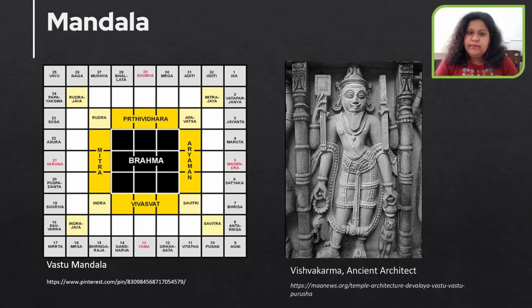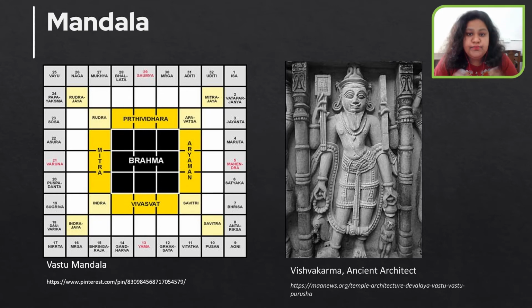When you see the PPT, you will get an idea about what I am talking about here. I have also provided an idea about the Vastu Mandala and Vastu Purusha. In the Indian context, when we build something or think of building temples or even houses, we follow the Vastu Purusha. Vastu Purusha is a cosmic Purusha.